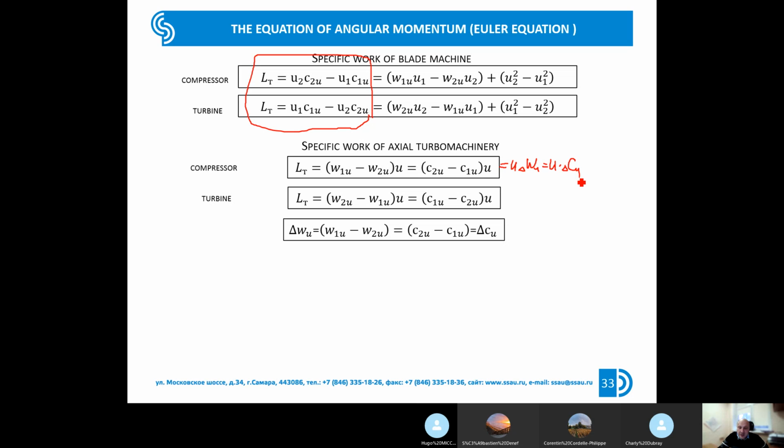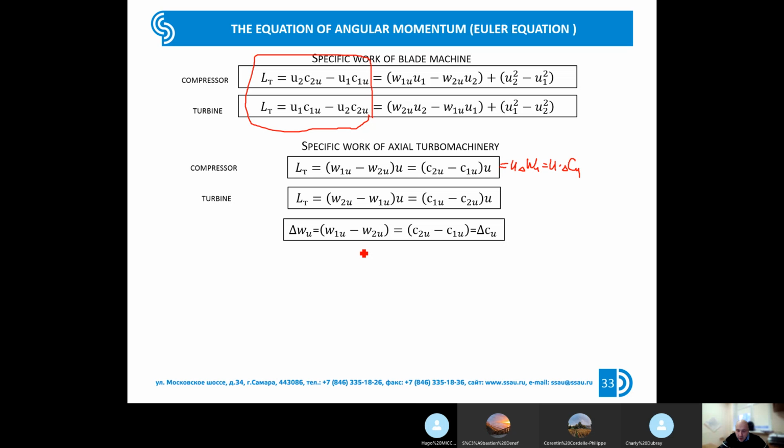And from this equation, you will see that in the case of axial turbomachinery, the difference of the circumferential projection of relative velocity and of absolute velocity are the same.